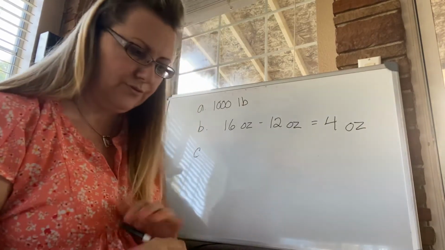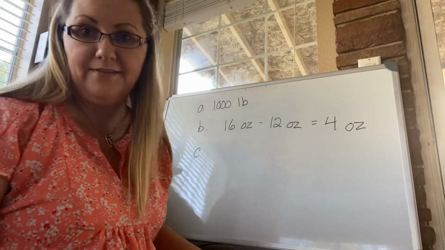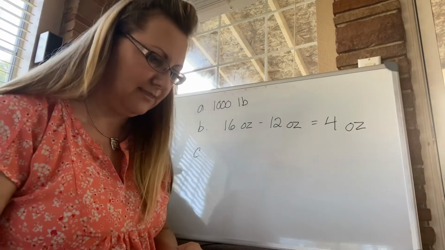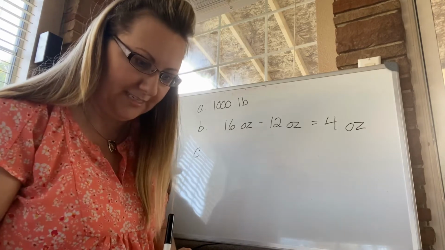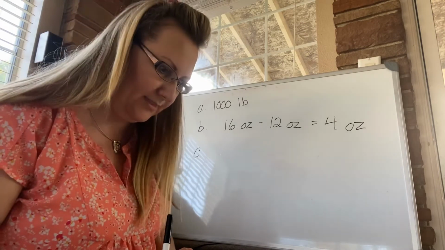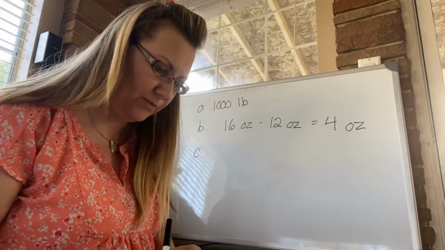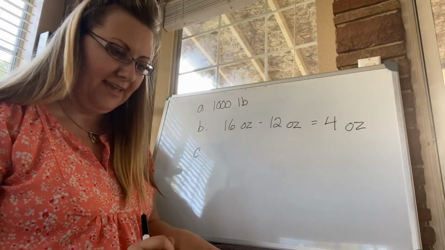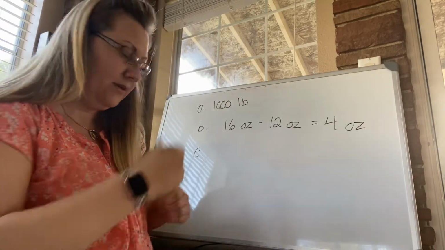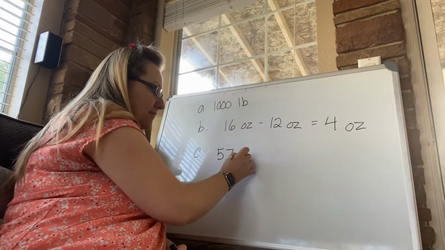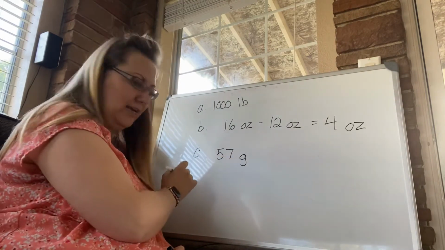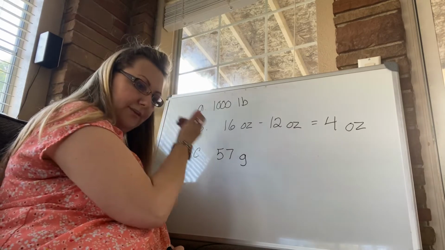Much closer to that than 57 kilograms, which is much, much bigger. That would be like 57 times 1,000 more grams. So 57 grams is what we want you to have there for letter C.